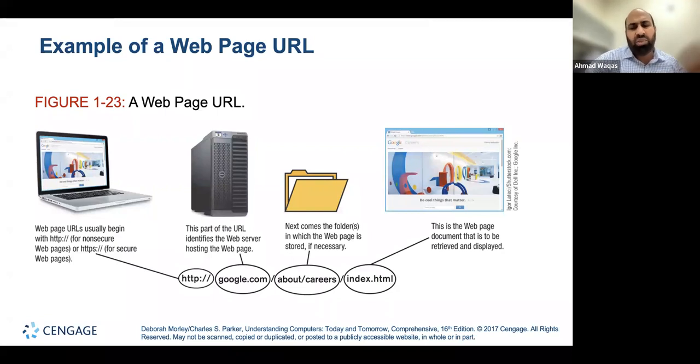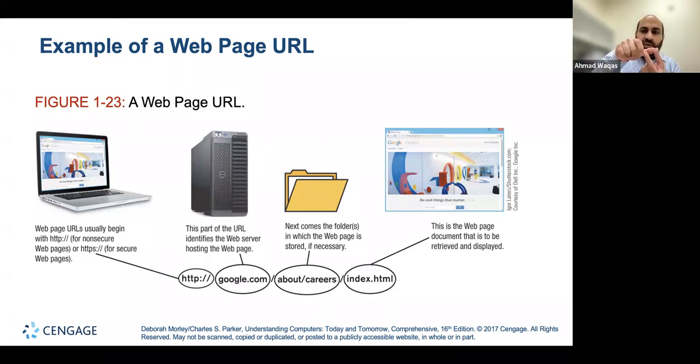We'll see a bit more detail in coming lectures. But for now, HTTP is a protocol, Hypertext Transfer Protocol, that we use to access a web page, right? A web resource. Google.com is a domain name that corresponds to the Google server computer.